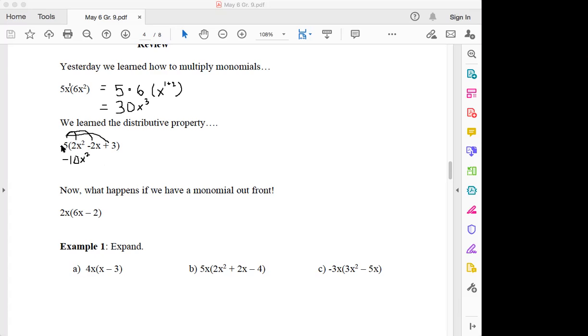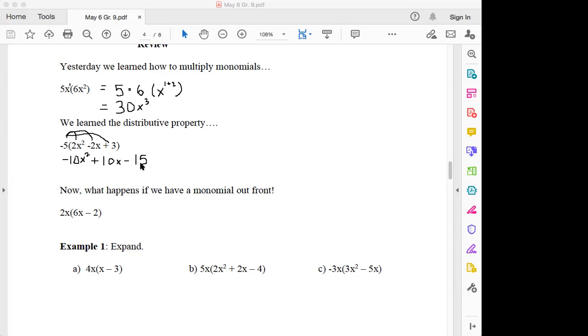Okay, and you would do -5 times -2x, which would be positive 10x. And -5 times positive 3, which is -15. So that would be your answer for that.